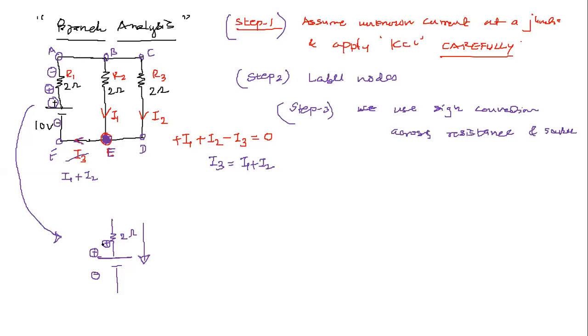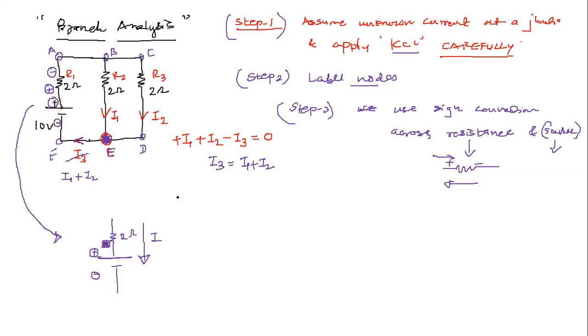No, that is not the case. Don't go by that, because this sign convention is used based on the direction of the current, right? What is the step we follow? We follow KCL, then we label it, but based on the direction of current, use sign convention across resistance and source. This won't change, but the resistance polarity, that is the sign convention, depends on whether the current is in this direction or in this direction, right?